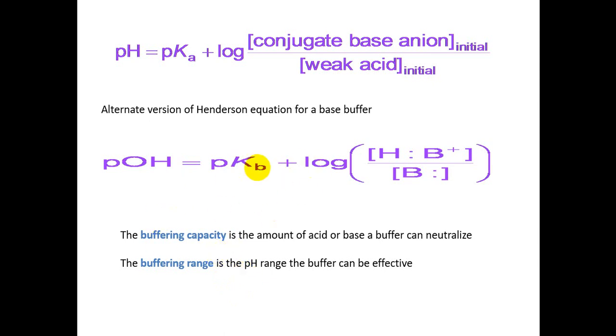For instance, if I have a buffer which can neutralize 10 mL, or 10 cubic centimeters, of an acid, and another one which can neutralize 1000 cubic centimeters of the same acid, which of these buffers has a stronger buffer capacity?